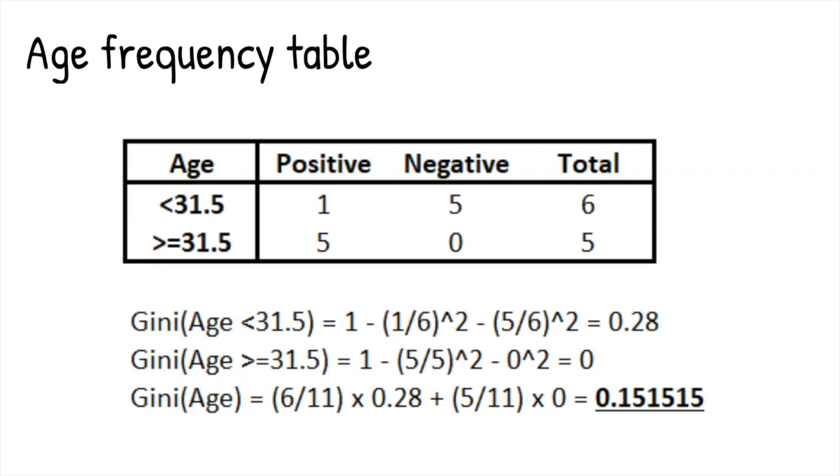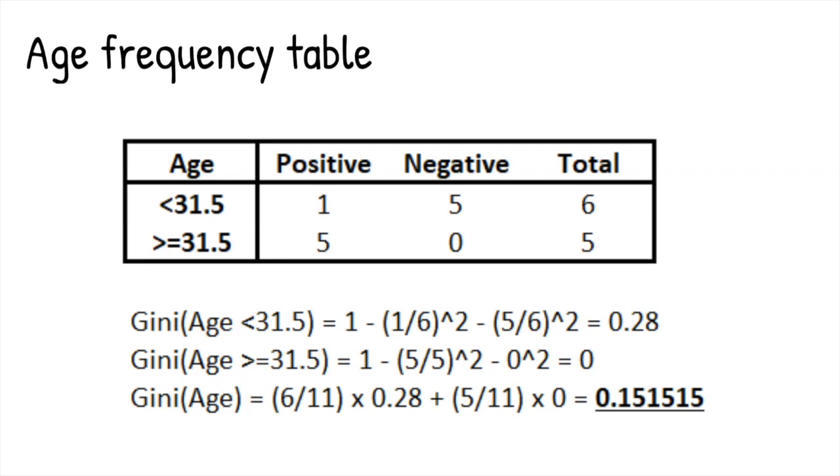So the Gini index for those that are younger, below 31.5 years, is equal to 1 minus 1 over 6 squared, 1 because we have 1 positive and 6 because we have 6 total, minus 5 divided by 6, 5 because we have 5 negative young observations, and that is squared.